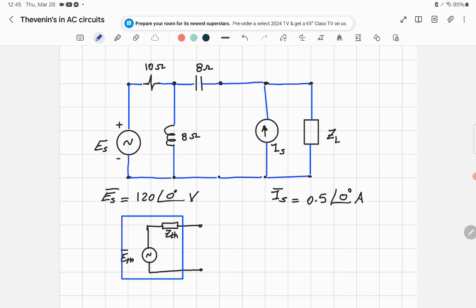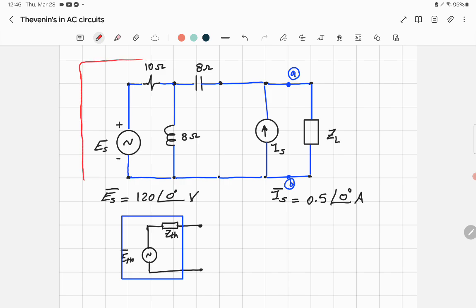So you've got to figure out the output terminal, the output terminal here where you put the ZL. If you put two points here, that's point A, point B. That will be the output terminal. So I'm trying to find the equivalent circuit for this part.